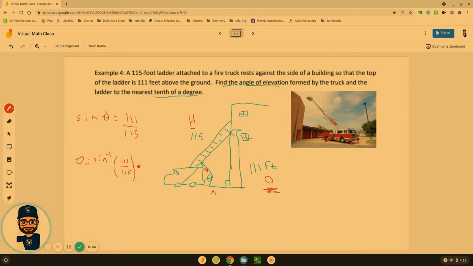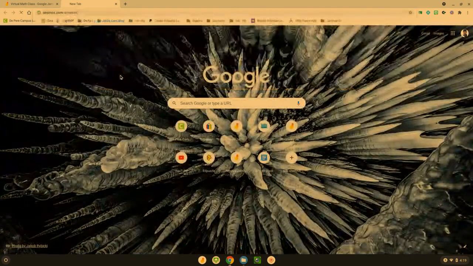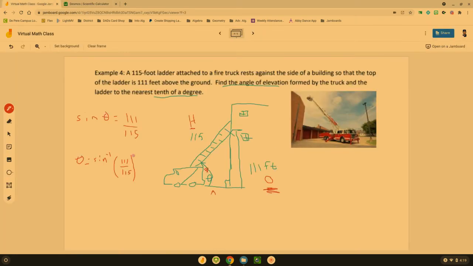Now, before I go to Desmos, I'm just going to read one more time that it's asking us to find it to the nearest tenth, or 1 decimal place. And so sine inverse of 111 over 115 gives 74.8 degrees.